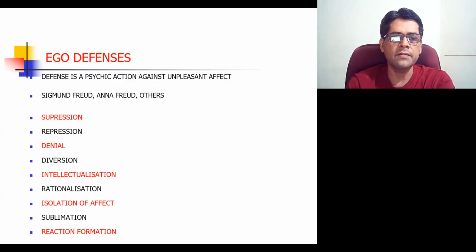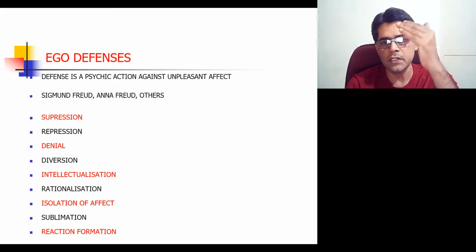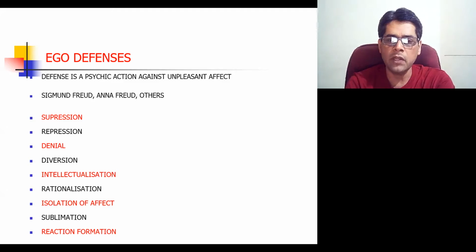What we will do today is take a look at some of the most common defenses used in the mind by the ego, and we will see with examples how each defense can be understood. If you are more interested in the area of defenses, you can go into the different lists of defenses and then go into the definitions, the mode of working, and the results of each of the defensive actions in various contexts.